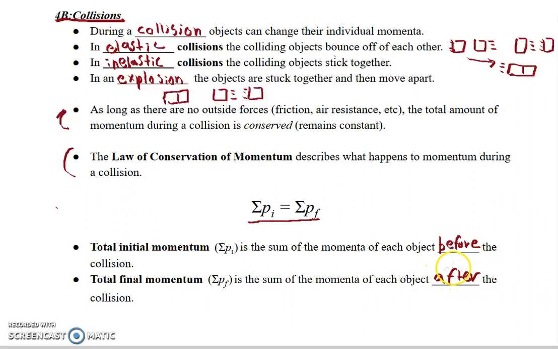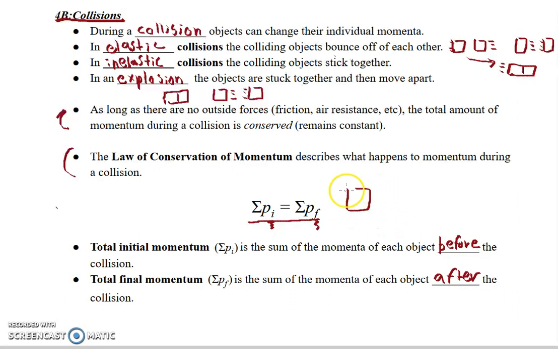So net PI means the total momentum initially, right before a collision, and then that's going to be equal to the net PF, so the total momentum after the collision. So you're basically just adding up the momentum of each object before and after a collision.